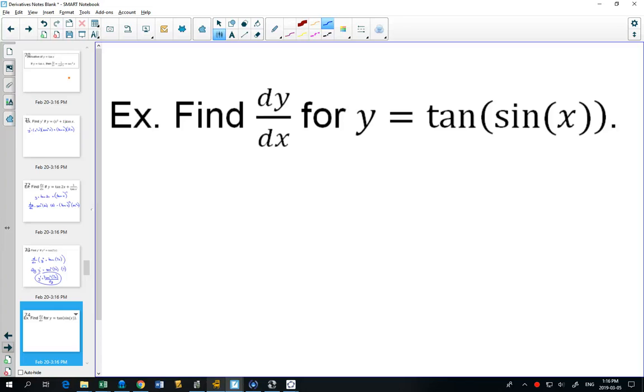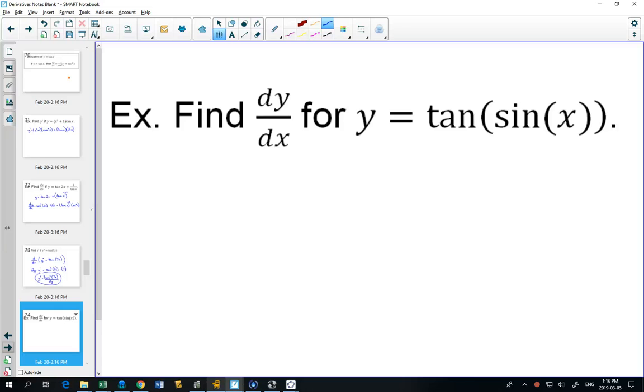Looking at this question, ask yourself, is this a product rule or is this a chain rule? How do we know it's a chain rule and not a product rule? How do we know that we have a function inside of another function? Okay, so we're saying that the sine of x is inside of tan.